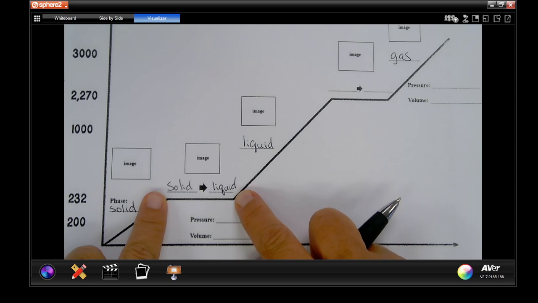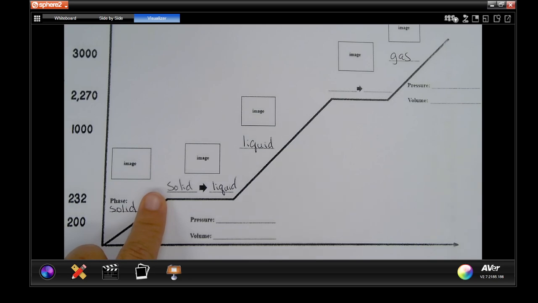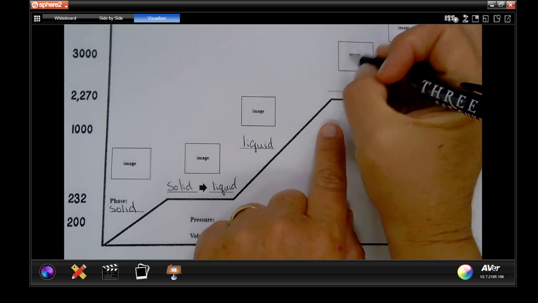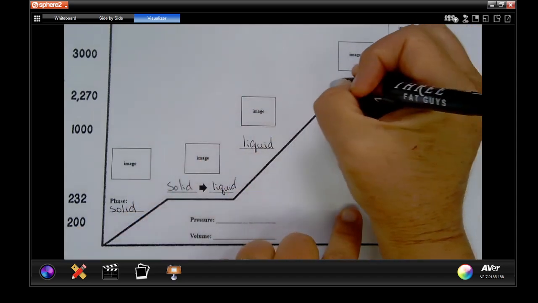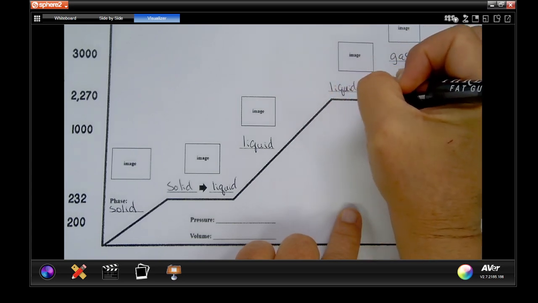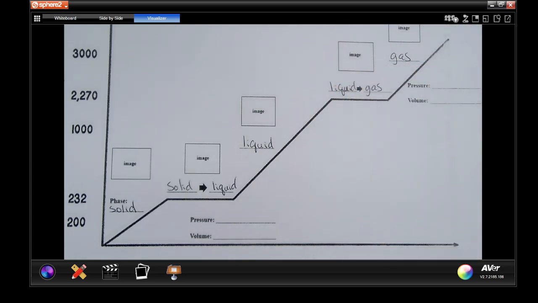It's staying the same. How do you know it's staying the same? What do you see? It's a straight line. So it's all at the same temperature, right? When we go through a phase change, like a solid to liquid or a liquid to a gas, the temperature is what we call constant.